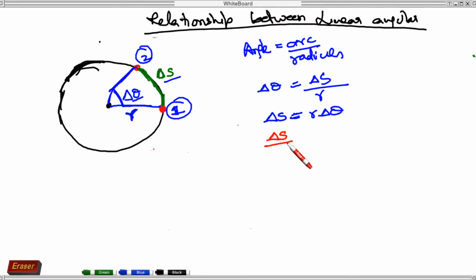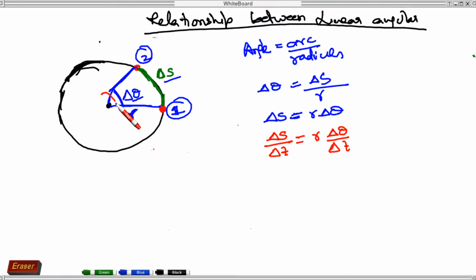So it becomes delta s over delta t is equal to r delta theta over delta t. What is delta s over delta t? That is linear velocity.